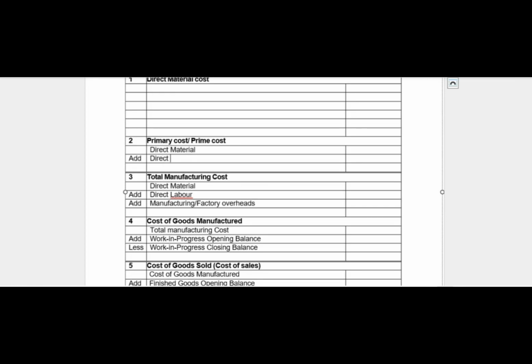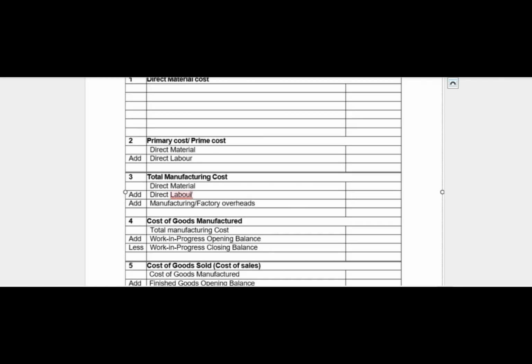If you check the total manufacturing cost, you have direct material and direct labor, meaning that we can still calculate total manufacturing cost by saying primary cost, or prime cost, plus manufacturing overheads.